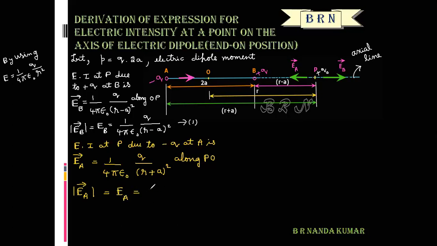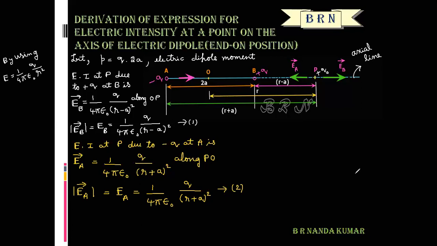So EA is equal to 1 divided by 4 pi epsilon naught, q divided by (r plus a) whole square. Call this equation number 2.